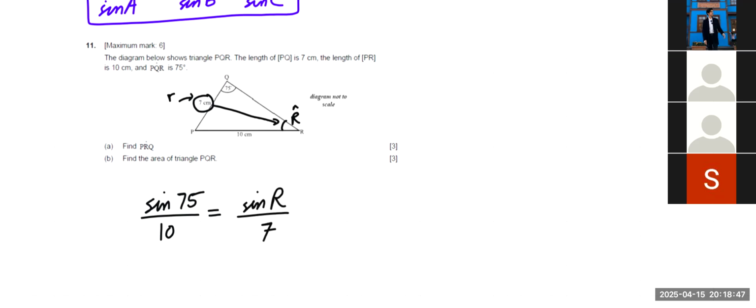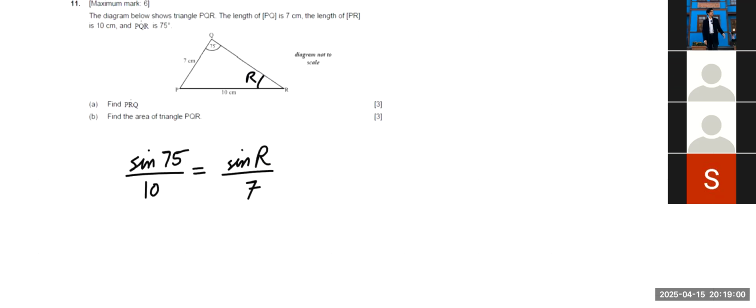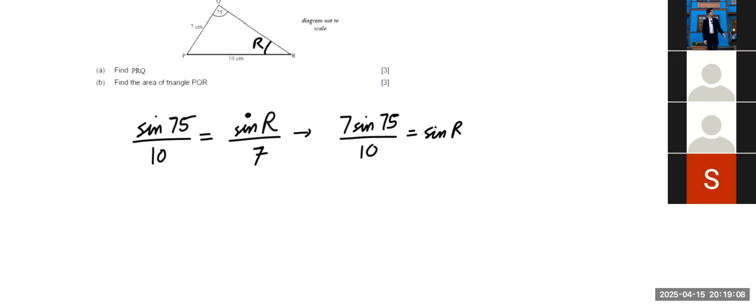So do you guys see how I set this up? So this pair and this pair essentially, and I set it up like this for each. And now I just need to solve this for r. First thing I should do is multiply both sides by 7. And then the other thing I should do is just take the sine inverse of all of this.